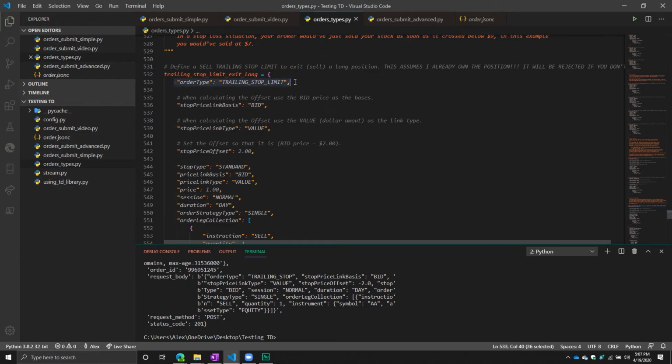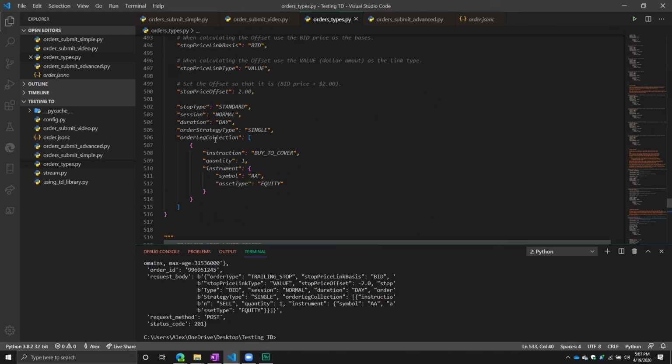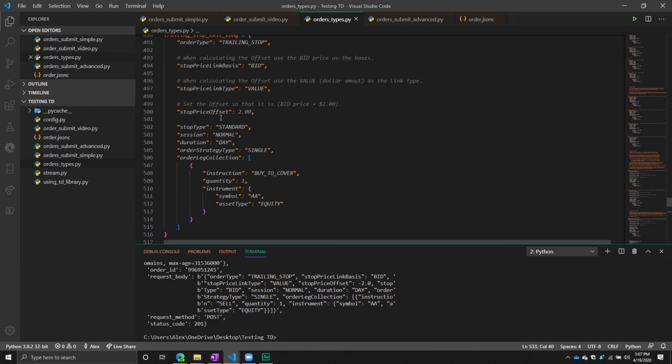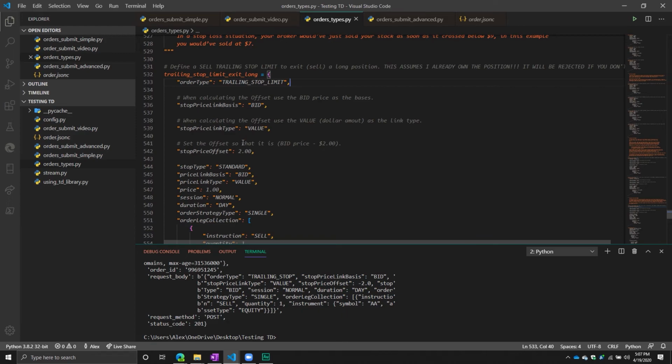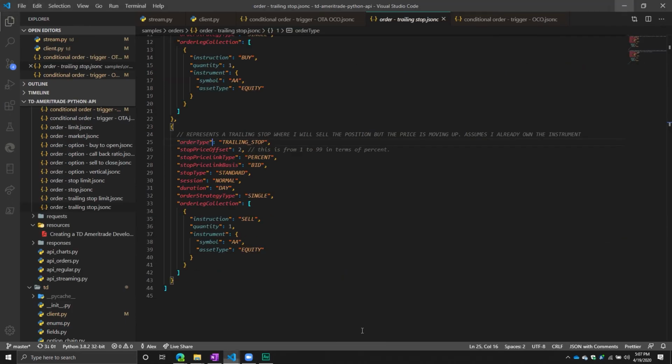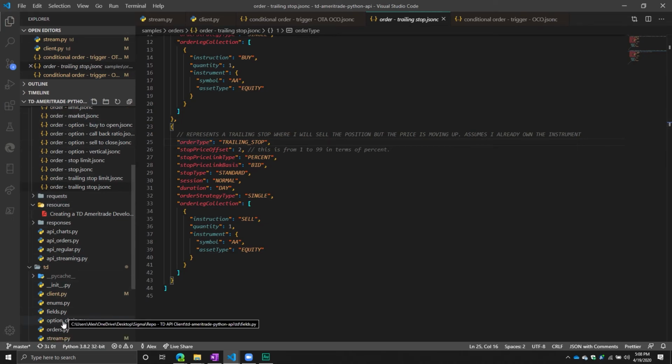I would say, well, trailing stop limit, right? Nothing crazy. I would even imagine it should be almost identical to this one because there's nothing there. The only other thing I've thought was maybe an activation price. I've just never gotten that one to work, so I can't tell with 100% certainty what it is for that one.